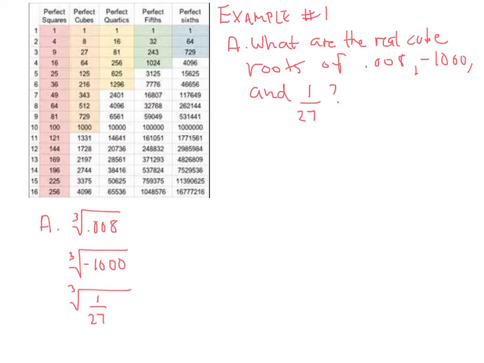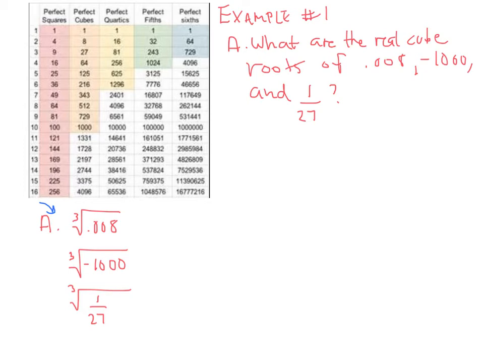This question could also be written as I've shown here in the bottom left corner, with just expressions asking you to find the cube root of the same values. Well, as we stated earlier, there's only one real cube root of each of these values, because the index is an odd integer.